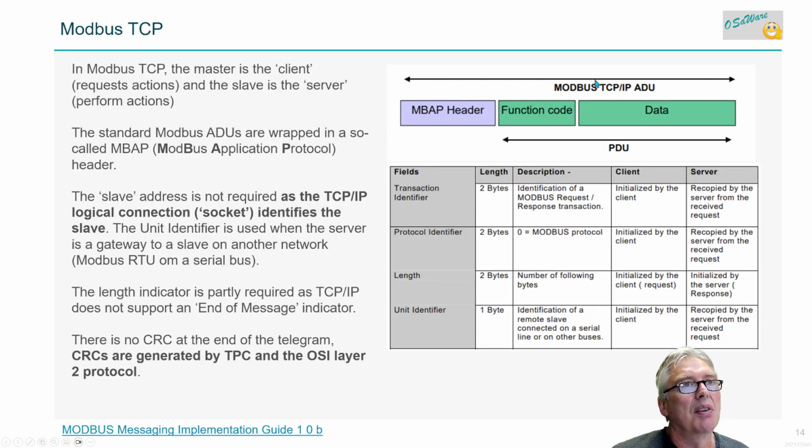And then there is Modbus TCP, where you got the PDU, but you have an additional Modbus header. It says what it is: identifier, the length of the telegram, and unit identifier. And you get this returned, most of it is just copied and returned. And there's no CRC at the end of the telegram, since the CRC is generated by TCP and the layer 2 protocol.